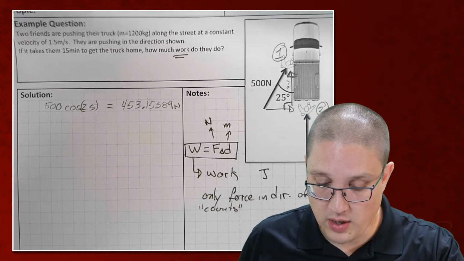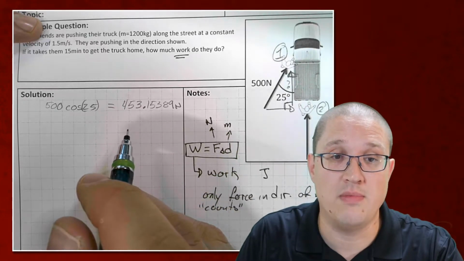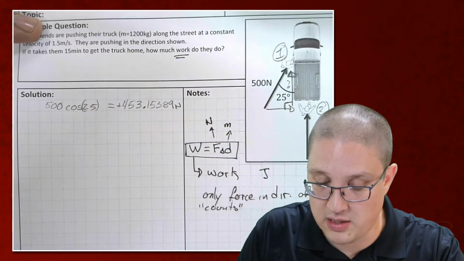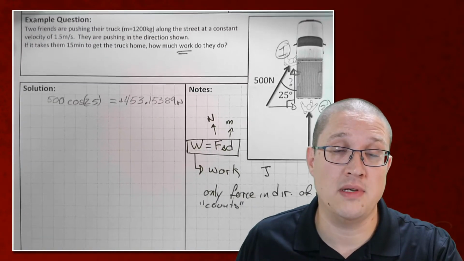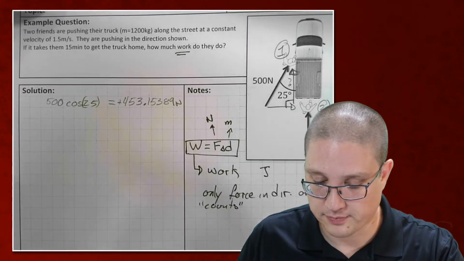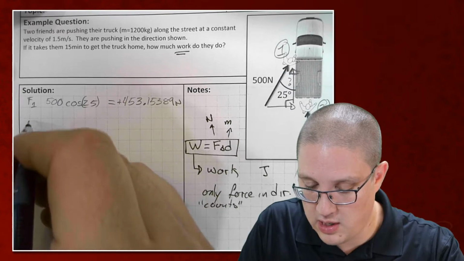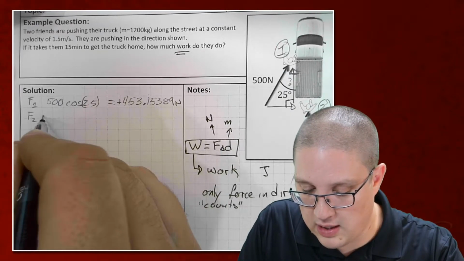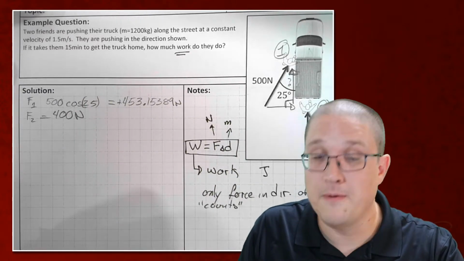Great. Okay, so this here is a force in the direction of motion. It's going to be positive because it's in the direction of motion. Force in the opposite direction of motion will get you negative work. So this is going to be my first force. My second force is just 400 newtons.